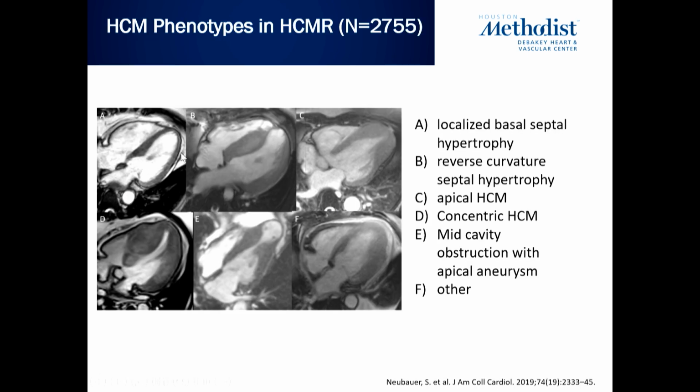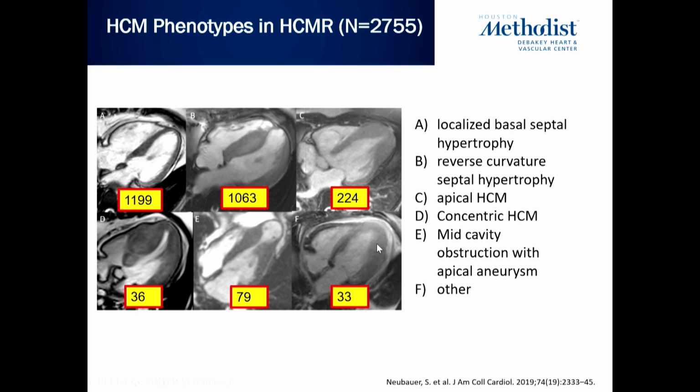And then they found essentially an overall similar distribution, where the majority are sigmoid septum or reverse curve. The apical hypertrophy and the massive hypertrophy with mid and apical cavitary obstruction are less common than this.